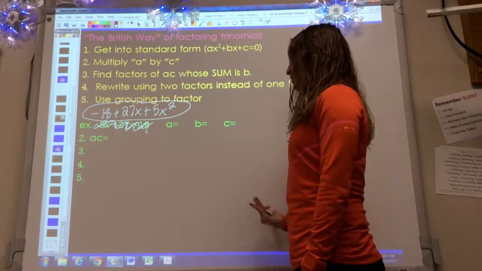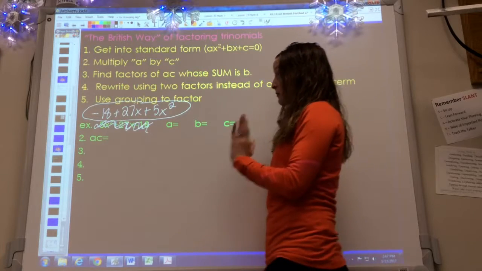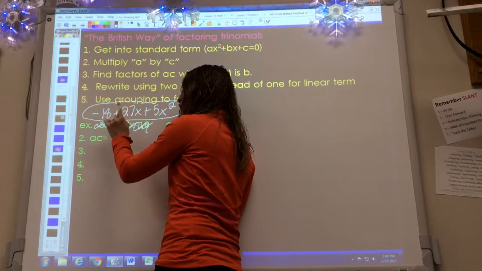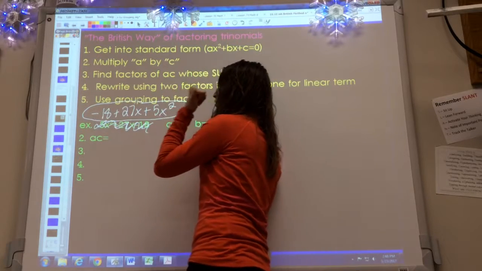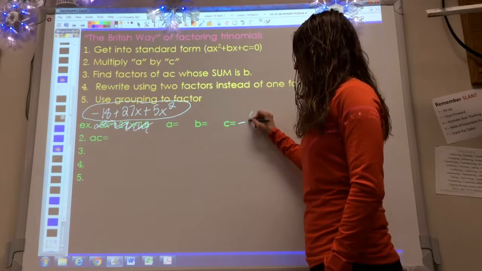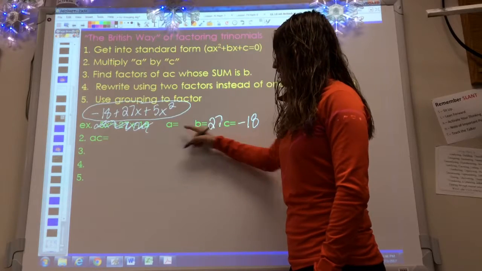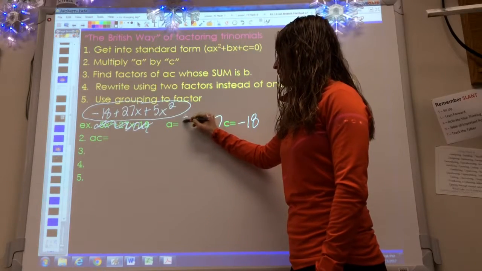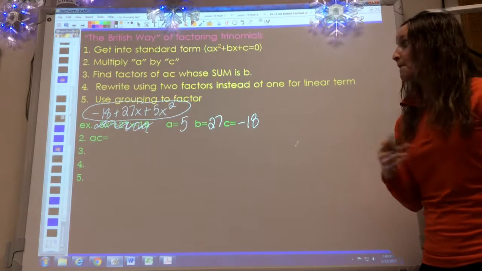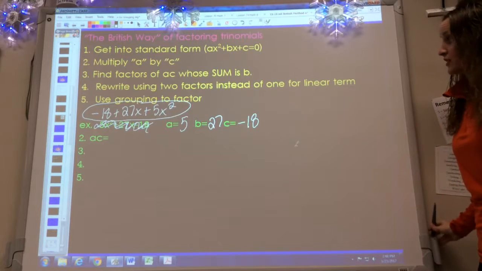Now, to get A, B, and C, do you see how we would have to reverse that? Some people are going to be confused. Just know that the C value is always the numerical value with no variable. So C in this case is negative 18. Now the value for B is 27 and the A value is 5. Wonderful. I would like to give you a minute to see how far we can get using our wonderful steps.